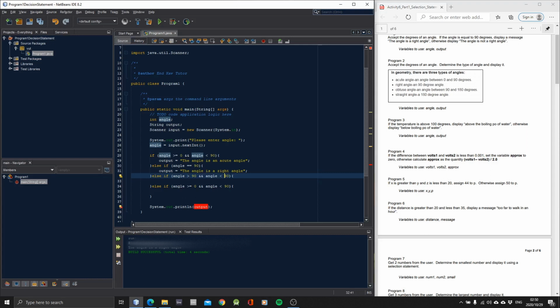And then, okay, it's greater than 90 and less than 180. So here I have to change it to 180, and then copy this whole line. This angle is an obtuse angle.